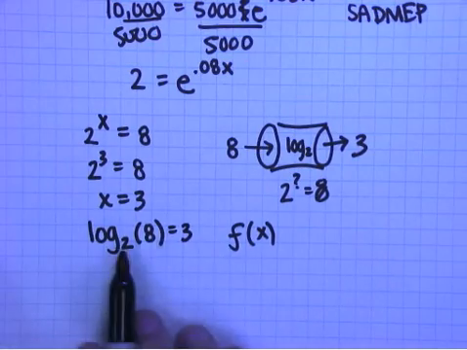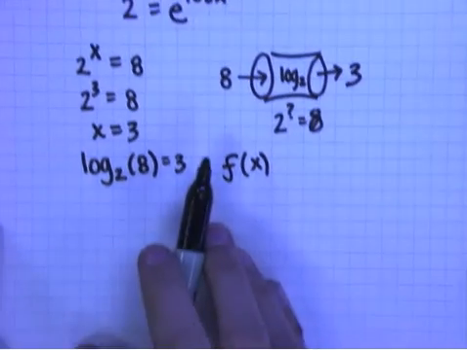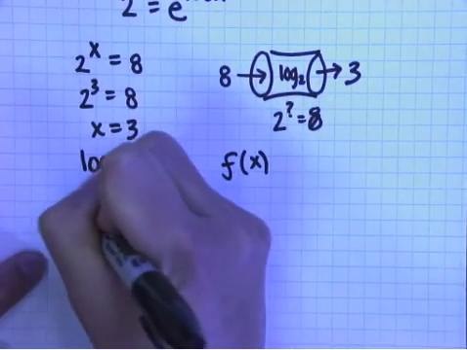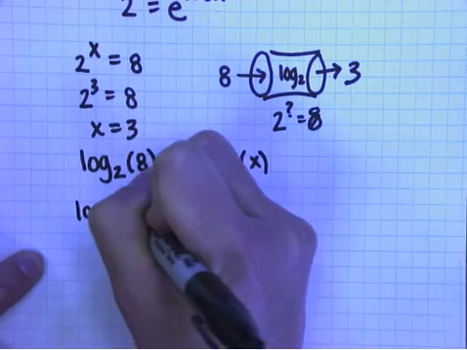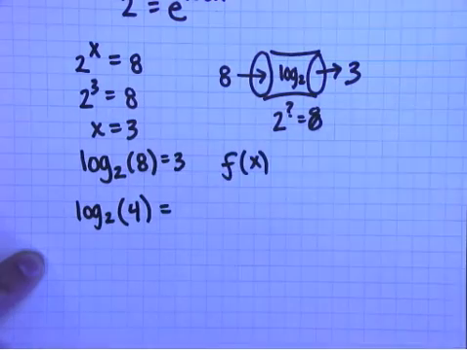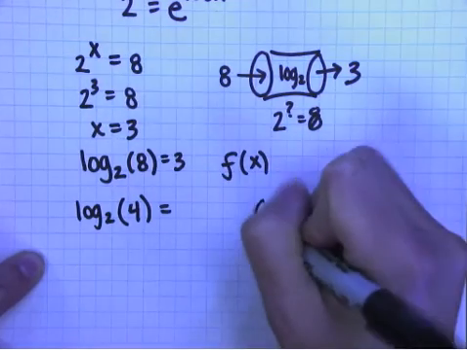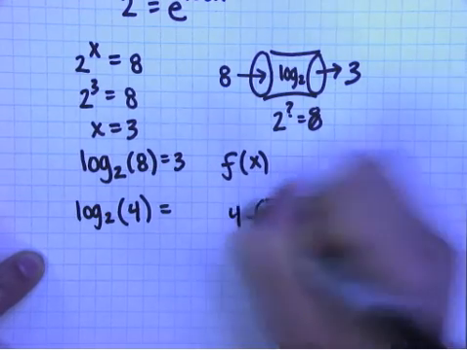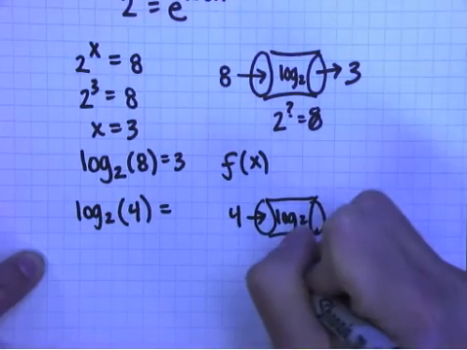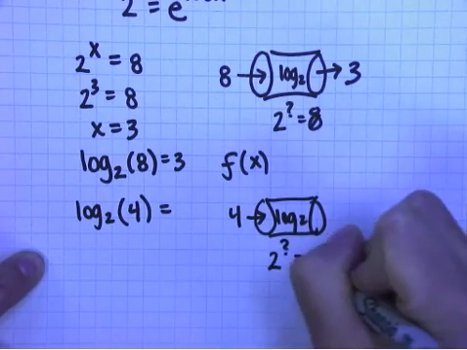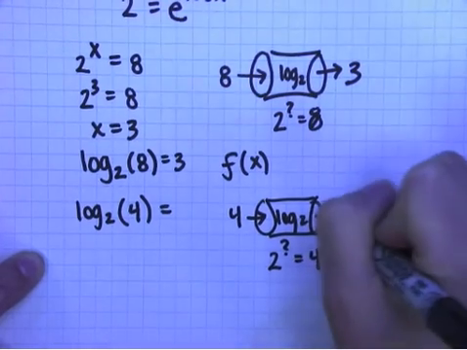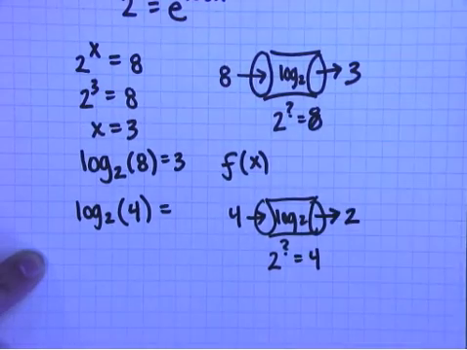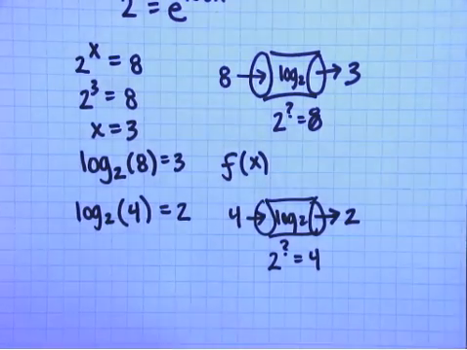So log base 2 of 8 is 3. To give you another one, if I said log base 2 of 4, well, it would be plugging 4 into the base 2 function machine, log base 2. The question the machine asks is 2 to the what power equals 4, and the machine tells you that obviously 2 squared equals 4, and so it would spit out 2.